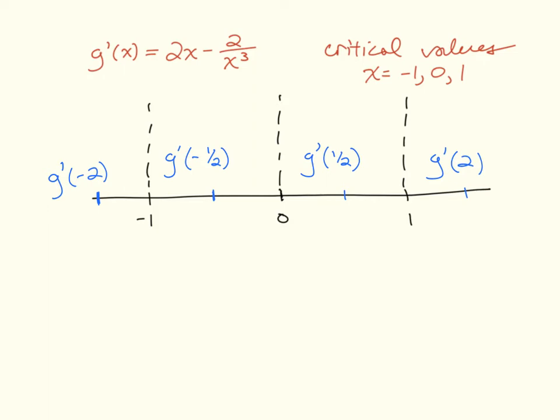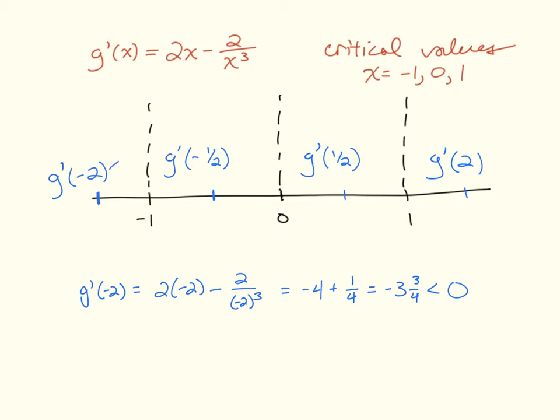So when we evaluate the derivative at negative 2, this is 2 times negative 2 minus 2 over negative 2 cubed, which is negative 4 plus 1/4, which is negative 3 3/4, which is less than 0.